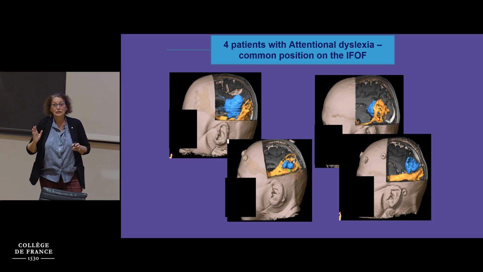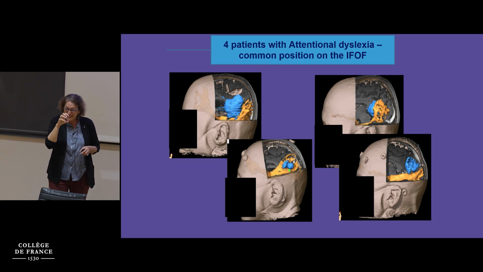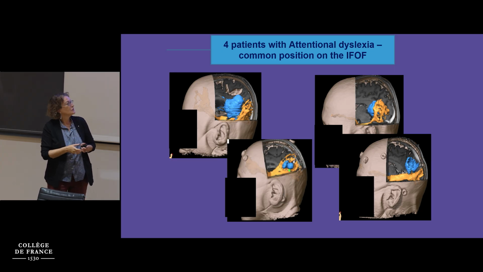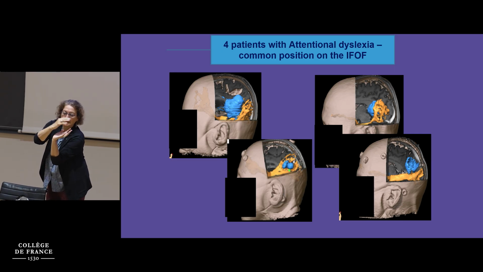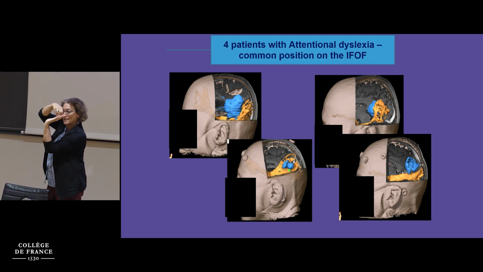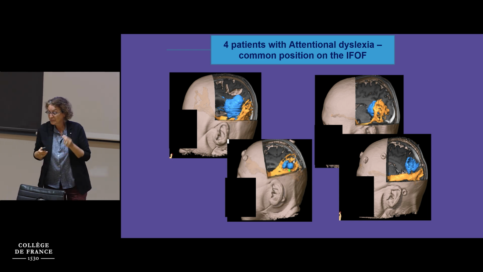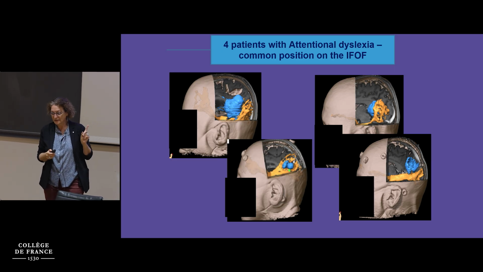And even if you are not neuroradiologists, can you see that the tumor sits somewhere very similar on the IFOF? You see that the IFOF has this kind of fan in the back, and it sits somewhere here in the back part of the IFOF. So there is a place that is shared by all 4 patients who show attentional dyslexia.